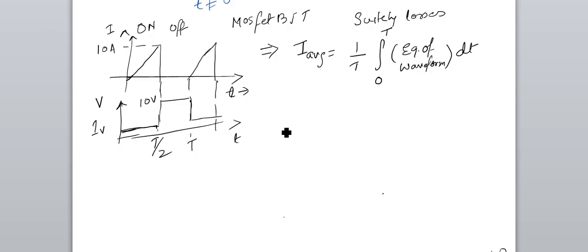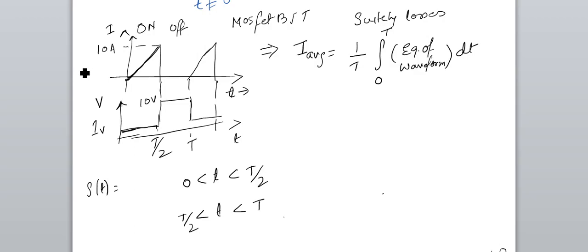If you see here, there is a time interval: t varies from 0 to T by 2, and t varies from T by 2 to total time T. For the current, it varies like y equal to mx.